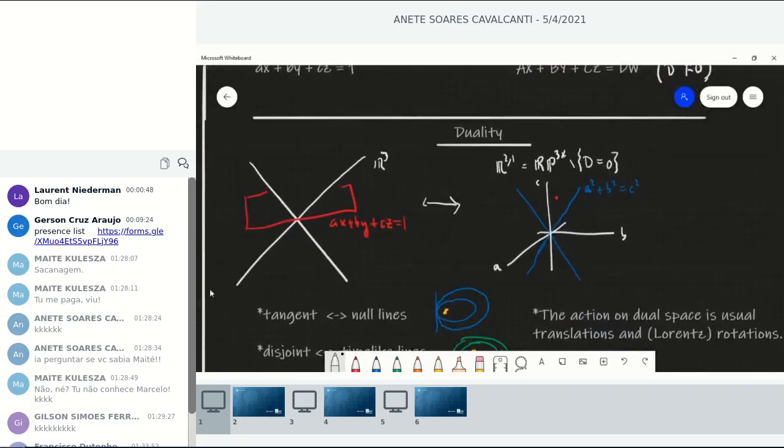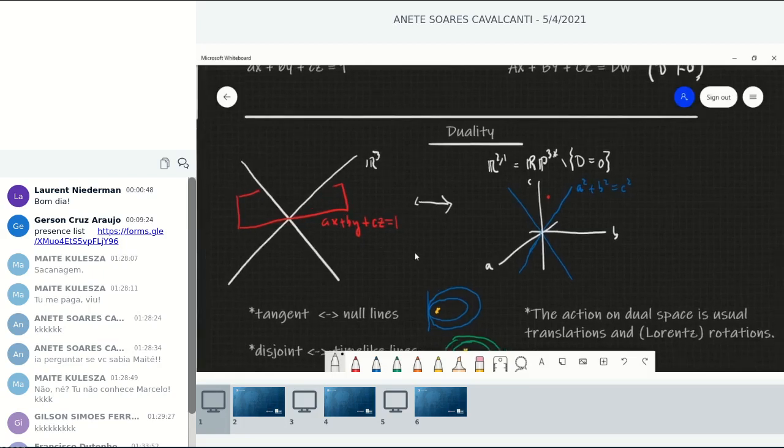So here's R3, and here's our plane, which I'm going to write with ABCs, considering planes not passing through the vertex. In the dual space, we delete the set of planes passing through the vertex and take an affine chart. So ABC are coordinates, and a point here corresponds to a plane in R3 or in RP3.